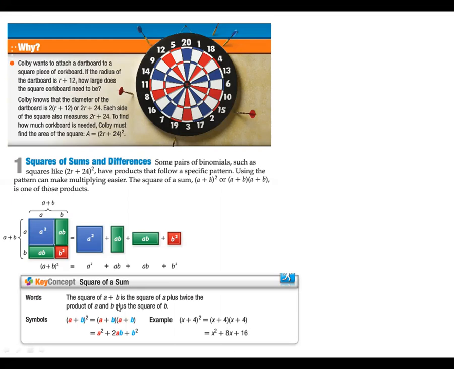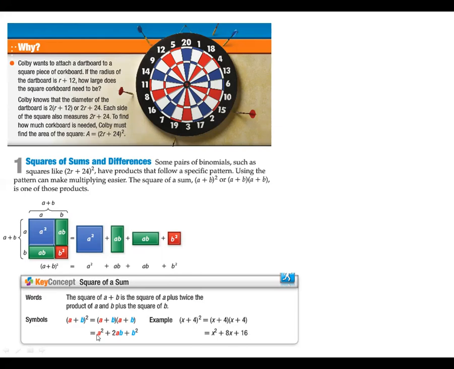All you do is square the first term. So in this example, x plus 4 quantity squared, you square the first term, then you're going to end up with two of the outer and the inner, since they're the same. So that's twice the two terms multiplied together. So x times 4, multiplied by 2, is going to give you 8x, and then the last term squared.